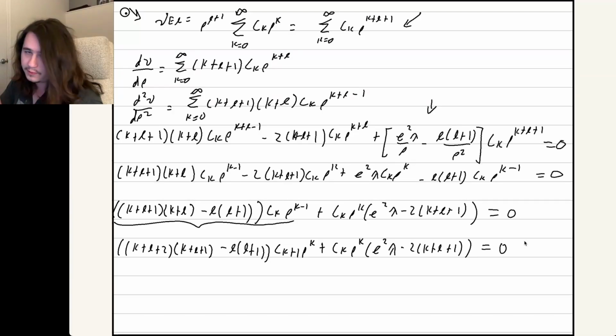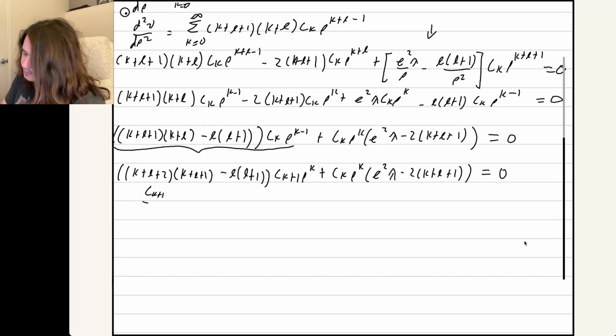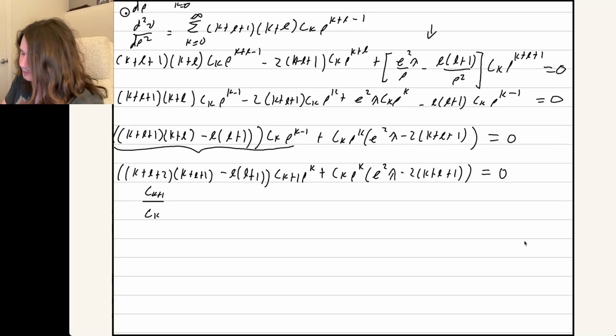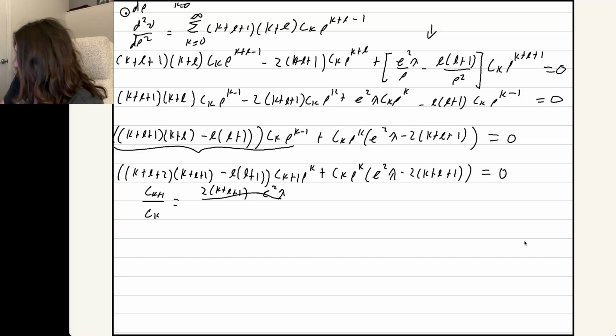Cool. And now I'm just going to solve for c k plus 1 over ck, which is going to look like minus sign, so 2 times k plus L plus 1 minus e squared lambda. And then k plus L plus 2 times k plus L plus 1 minus L times L plus 1, all of that down here.